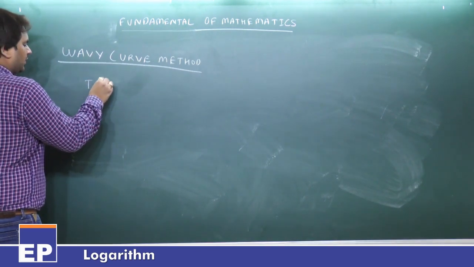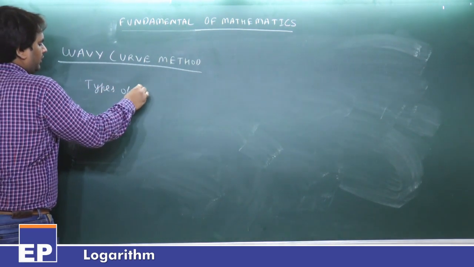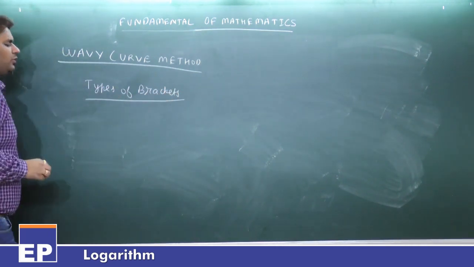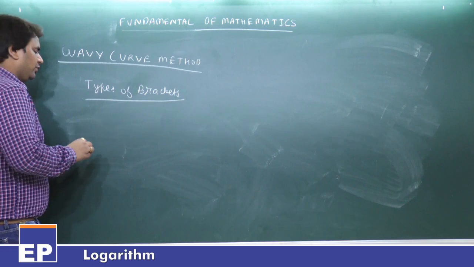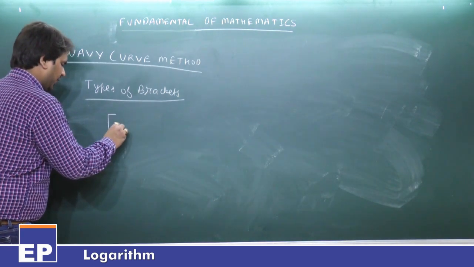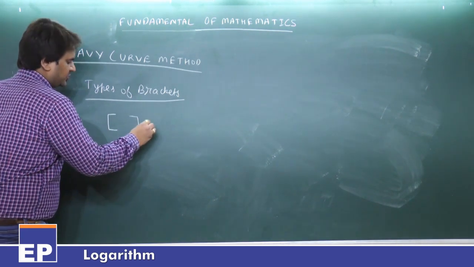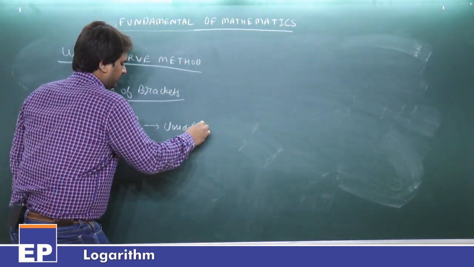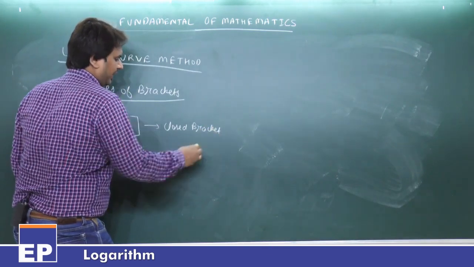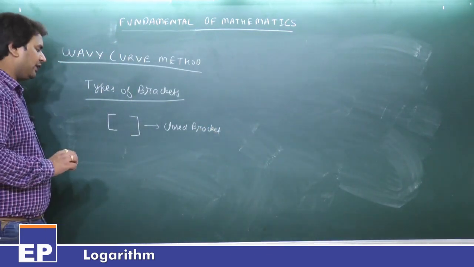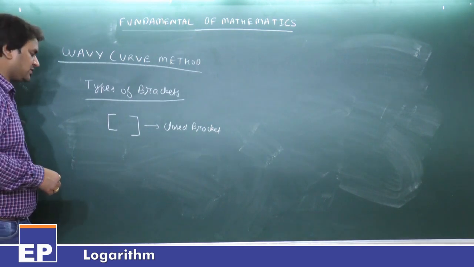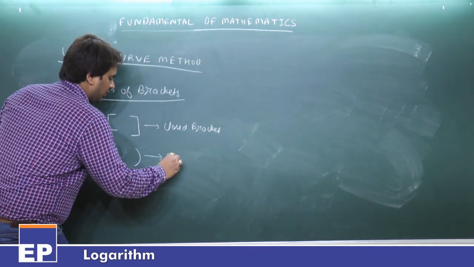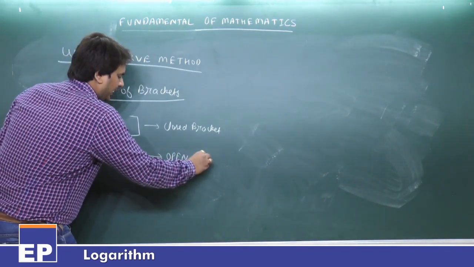Next is the types of brackets. Which type of bracket do we have to use? The first bracket is this one, called the closed bracket. I will let you know the meaning and the significance of using this type of bracket. The next bracket is this, the open bracket.